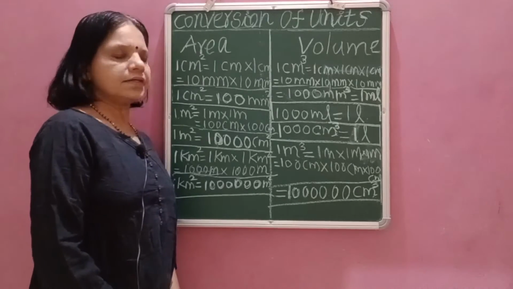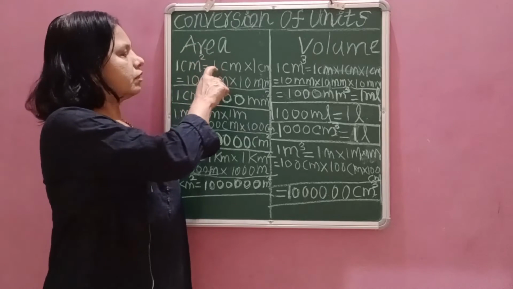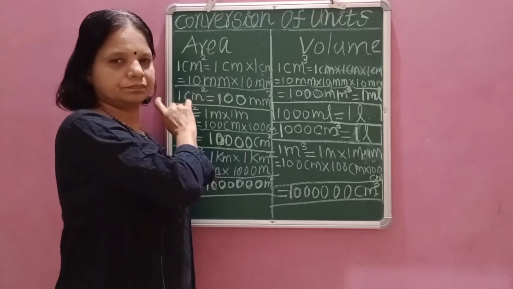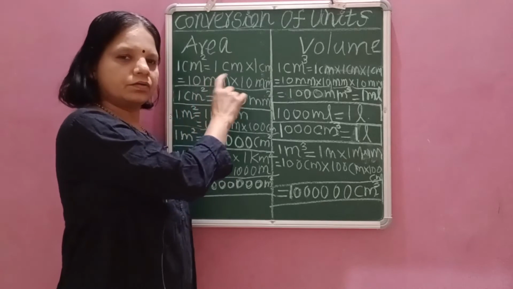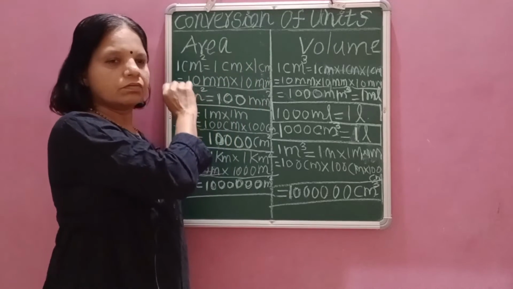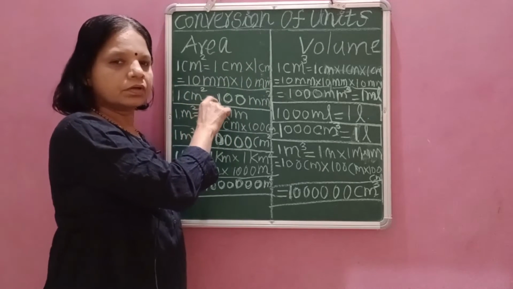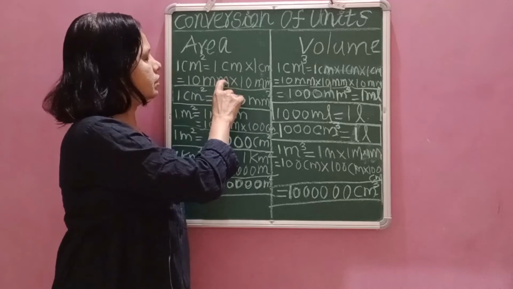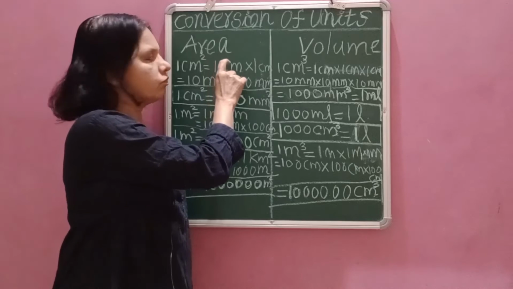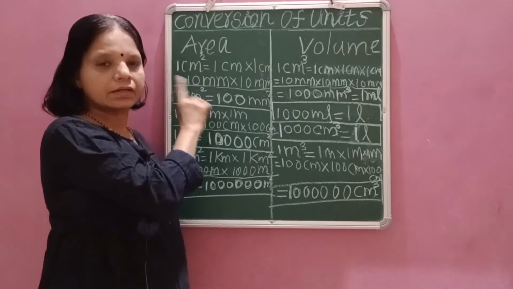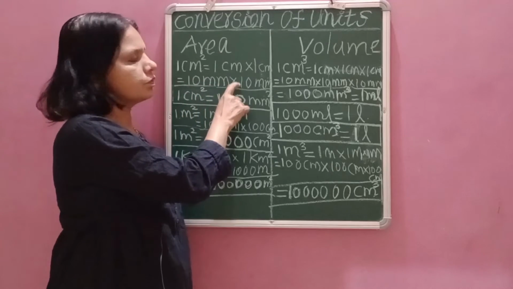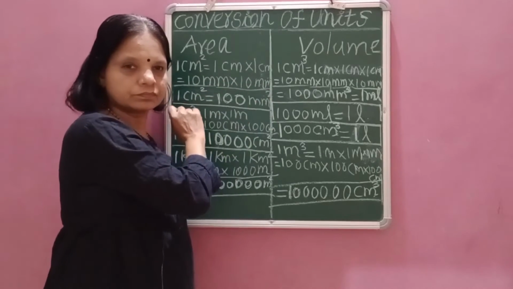So 1 centimeter square will be 1 centimeter into 1 centimeter. 1 into 1 is 1 only, but centimeter into centimeter, you have to convert into millimeter into millimeter. Because 1 centimeter makes 10 millimeter, it will be 10 millimeter into 10 millimeter.